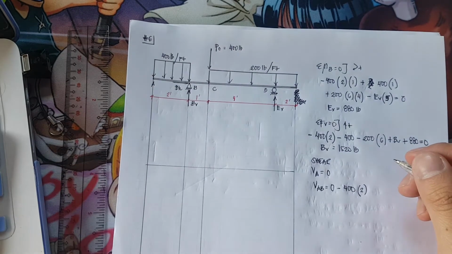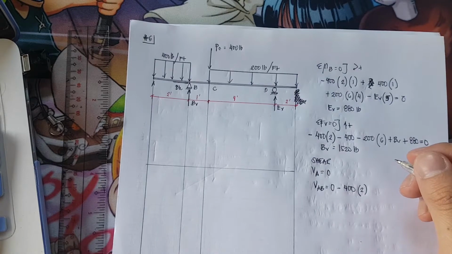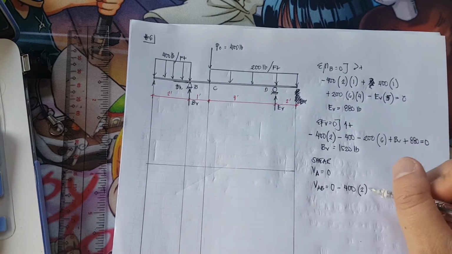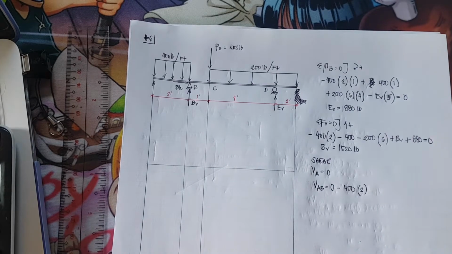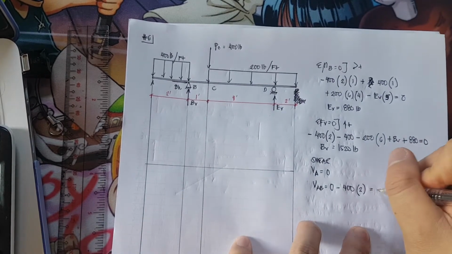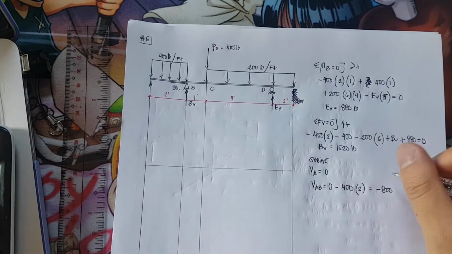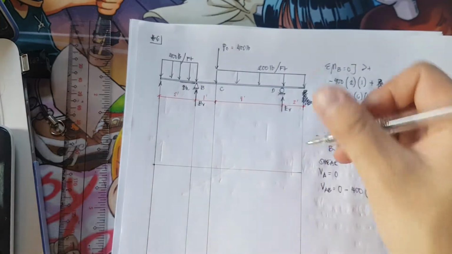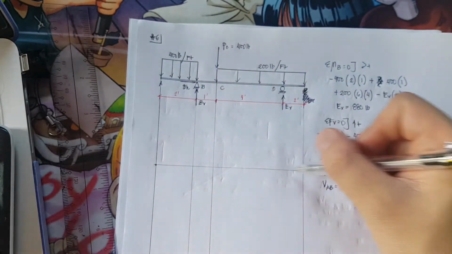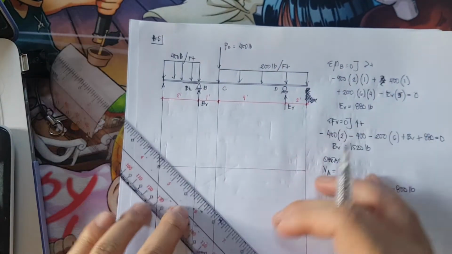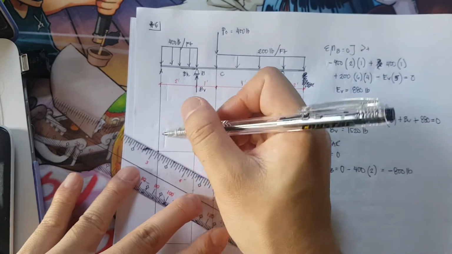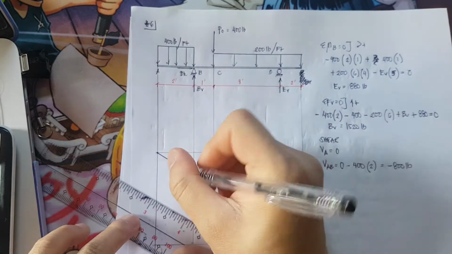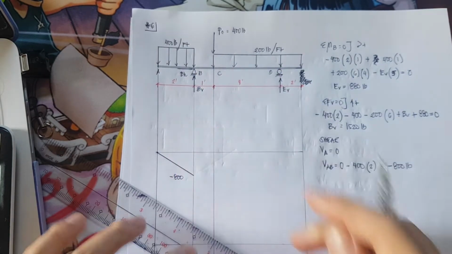So that would be 400 pounds per foot times 2 feet. The feet cancel out, and that is equivalent to negative 800 pounds. Okay? So from 0, take note, this is our point of reference, that is our x-axis, and that is 0. So we have there negative 800.